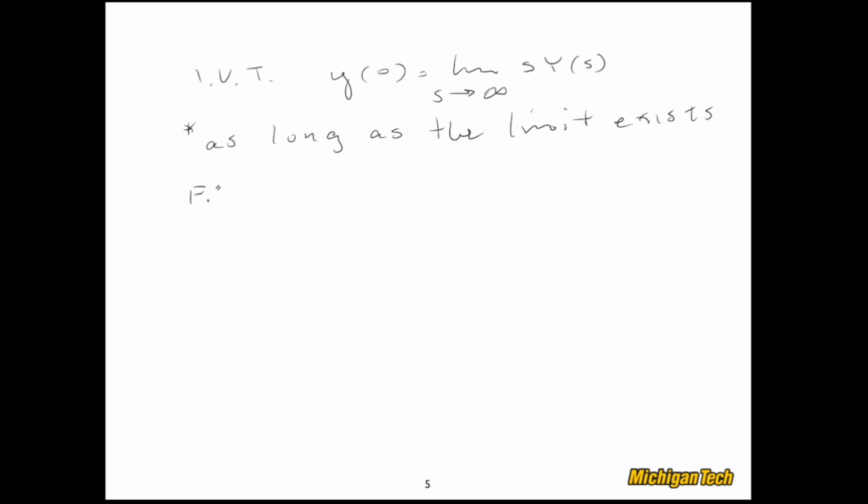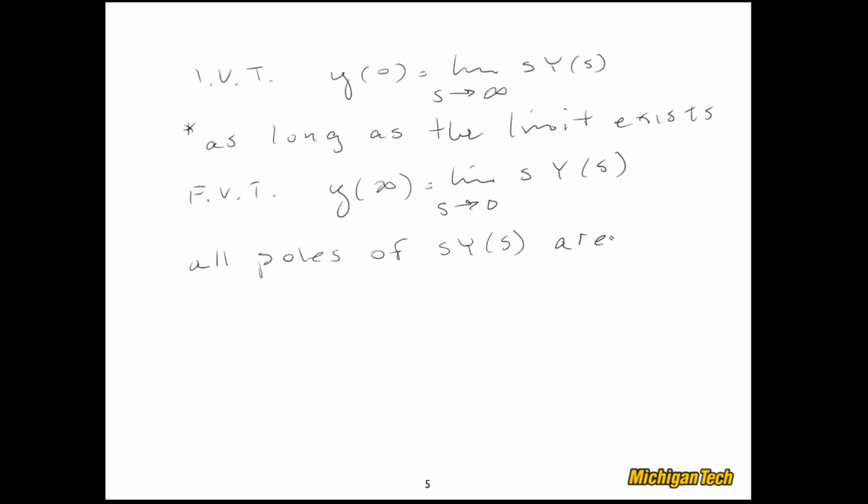The final value theorem goes like this. y at time equal infinity is equal to the limit as s goes to 0 of s times y of s. Now, this one applies when all the poles of s times y of s, that thing that we're going to take the limit of, are in the left half plane.